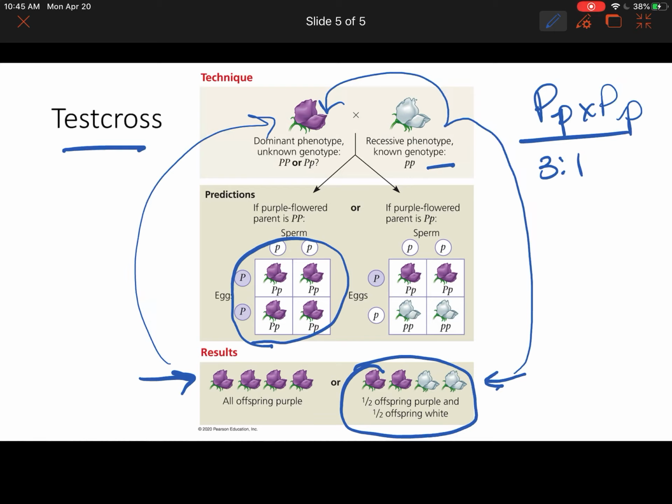Well, you may be wondering, why isn't this ratio down here 3-to-1? Well, it's not 3-to-1 because both parents weren't heterozygotes. This second parent was homozygous recessive, okay? So that changes the allele frequencies in the offspring.